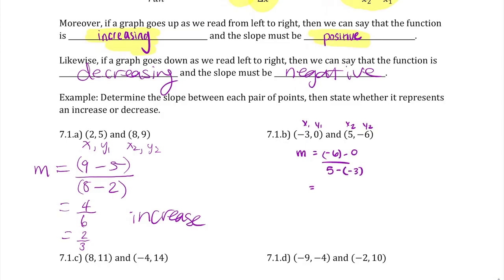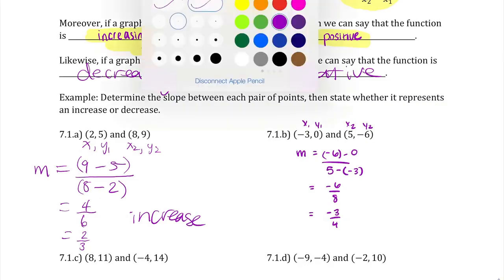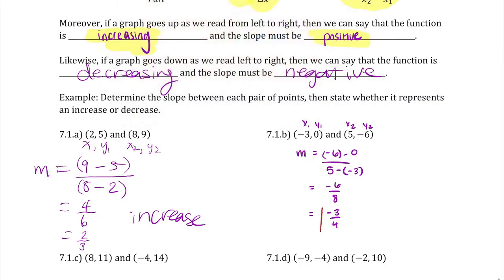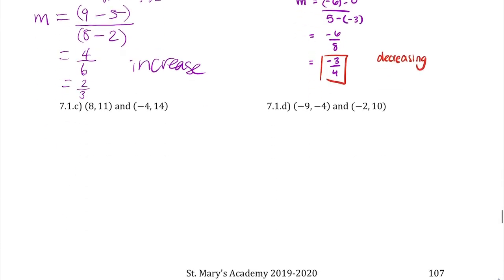When we do this, we get -6 over +8, which reduces to -3 over 4. Because we have a negative value for the slope, we can see that the function as a whole will be decreasing.